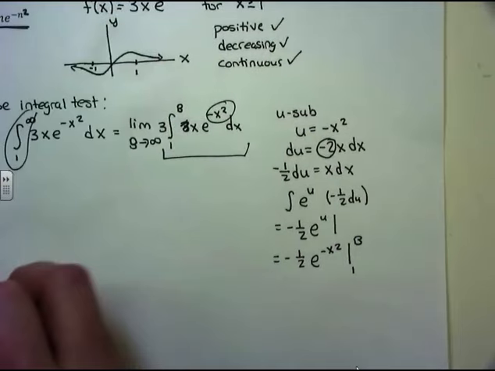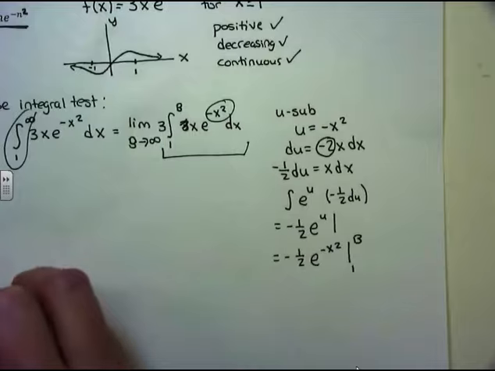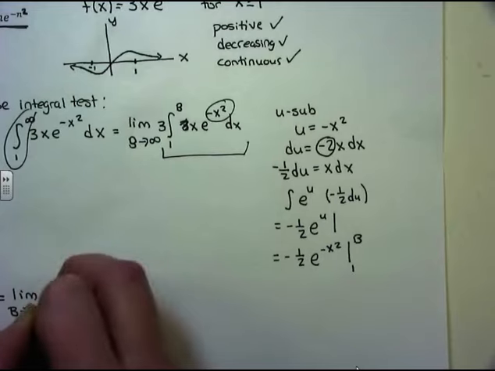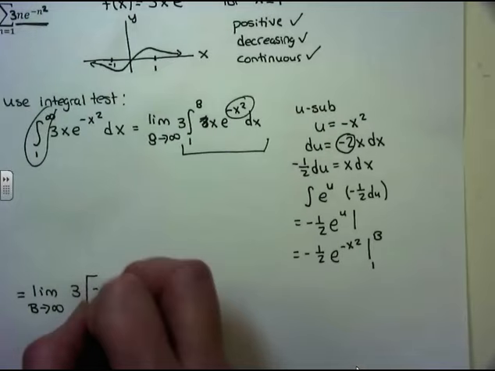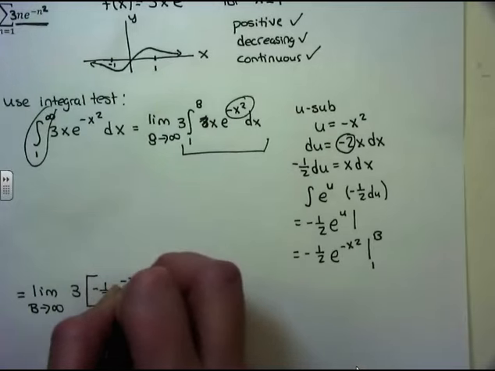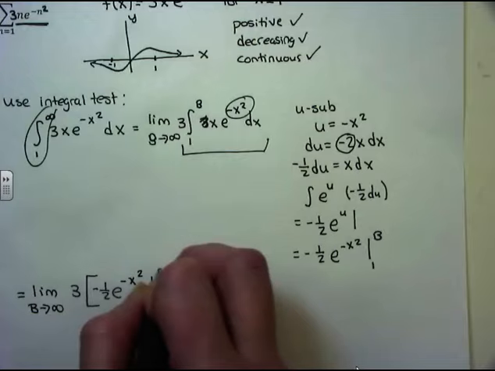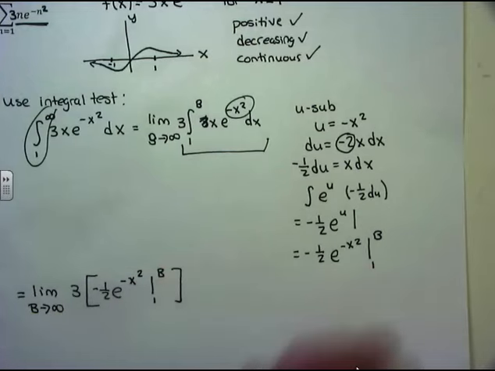So what I have at this point is the limit as b goes to infinity of 3 times this piece that we just found. So negative 1/2 e to the negative x squared, and I still have to plug in my lower and upper limits.